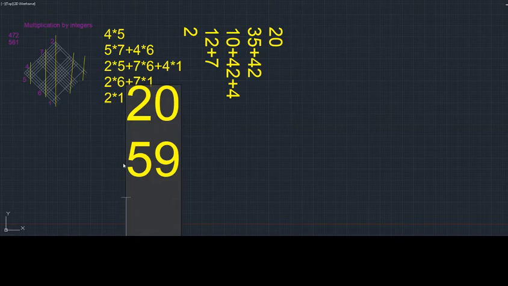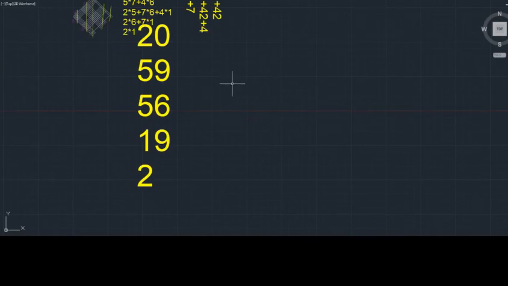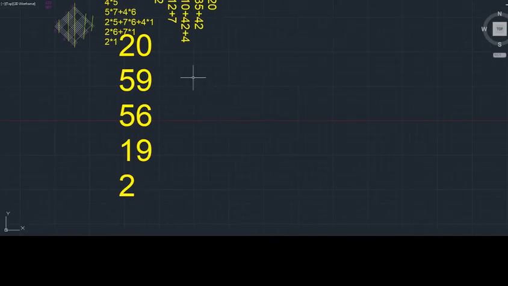The third column is 56. Then we have 19 and 2. There we go.